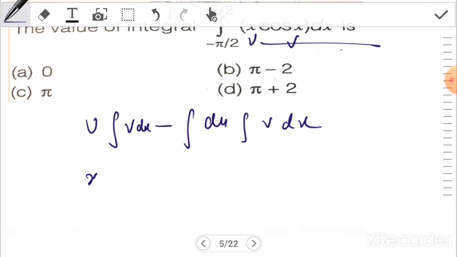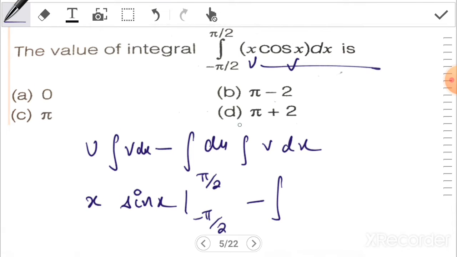So x, and the integral of cos x is sin x, from minus pi by 2 to pi by 2, minus, so du by dx is 1, so 1 into sin x dx from minus pi by 2 to pi by 2.